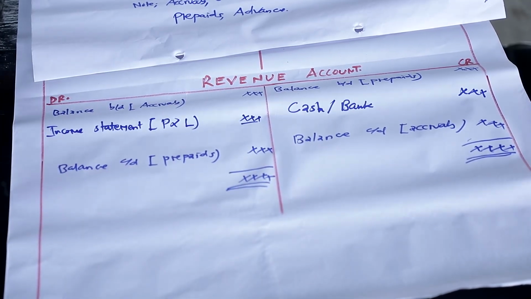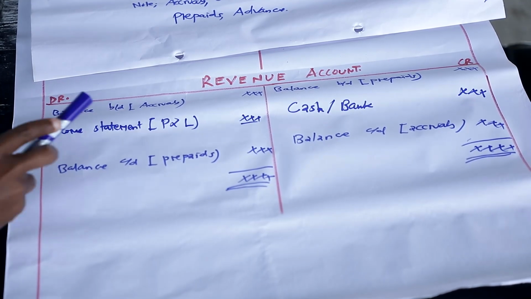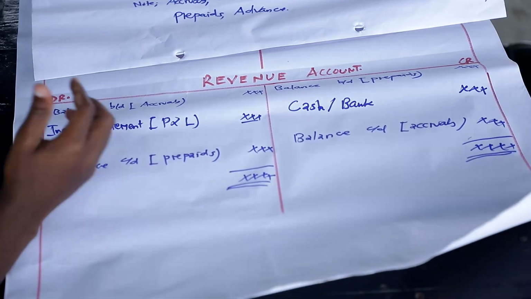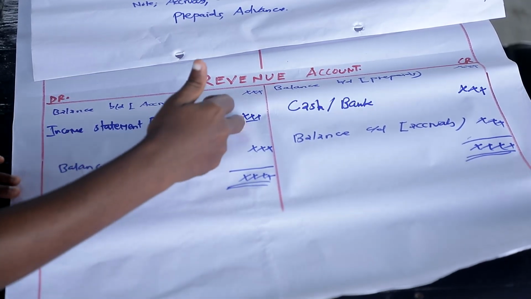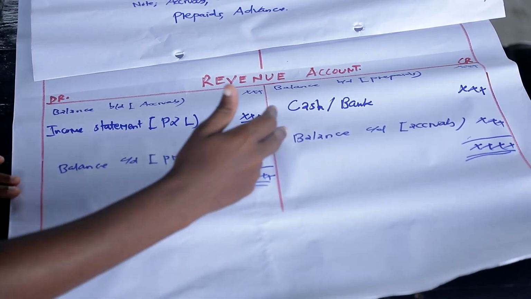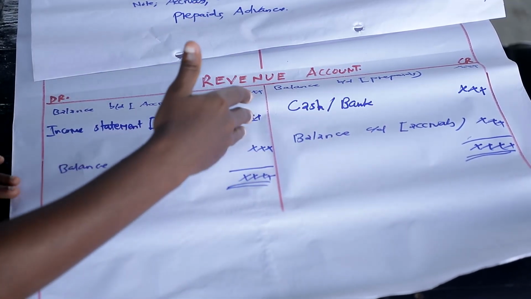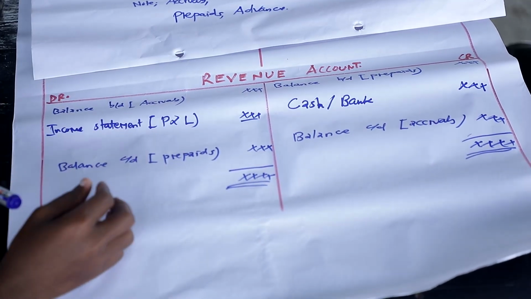So by using this format, nimeweza kutengeneza revenue and expenses account, and any questions relating to the calculation of the missing figure from this information you may find. Maana kuna maswali mengine unaweza ukapewa the amount to be transferred in the income statement, so unaambiwa labda utafute the balance sheet for the accruals, so utaziweka data zako zote and the difference utaipeleka kwenye balance sheet for accruals.